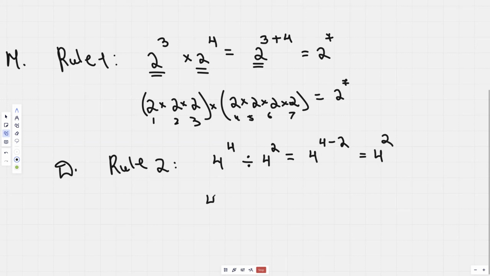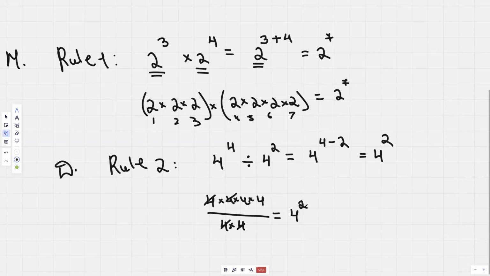So 4^4 is equal to 4 multiplied by 4 multiplied by 4 multiplied by 4, and this divided by 4 multiplied by 4, right? That is 4 to the power of 2. So these two 4s cancel each other, which means the remaining 4 multiplied by 4 is equal to 4 squared.